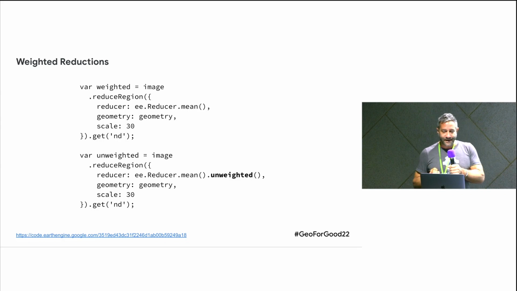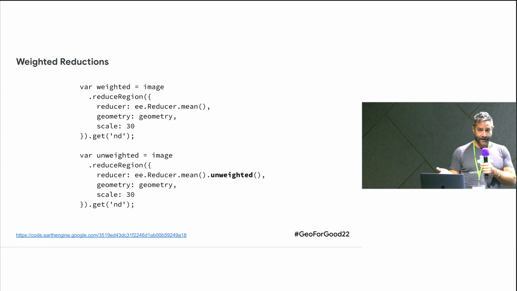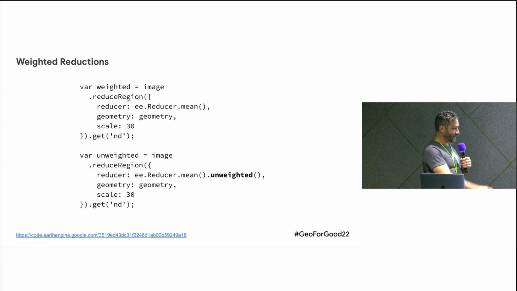Let's say you don't want that to happen. You would like to include every pixel on the edge, based on some criterion. That is an unweighted reducer. The weight is just 0 or 1. And it's 1 if the centroid of the pixel is in the region, and it's 0 otherwise. So as you'll see in this example, you will get a different answer by unweighting the reducer. And we'll see some more of that stuff later.